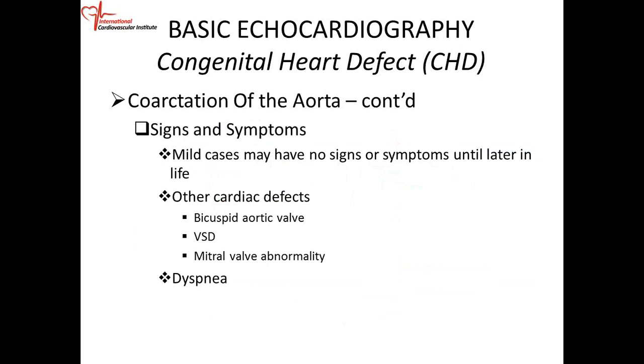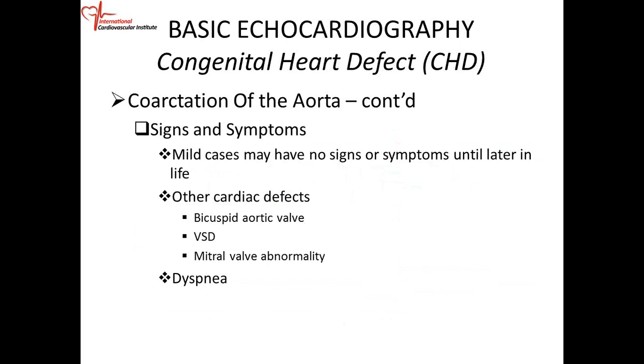And then if the coarctation is just proximal to the left subclavian artery, if it comes just before the left subclavian artery, then the left subclavian artery is not going to be involved in the whole process.